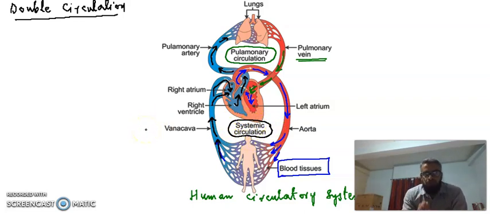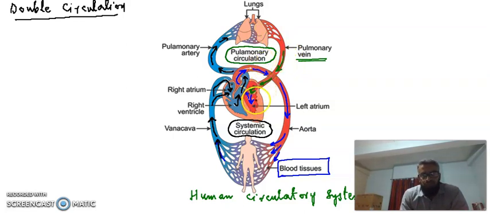So pulmonary circulation transports the blood first, which blood? First, deoxygenated blood from the right ventricle of the heart through pulmonary arteries to the lungs, and then oxygenated blood from lungs via pulmonary veins to the left auricle of the heart. This is the pulmonary circuit.